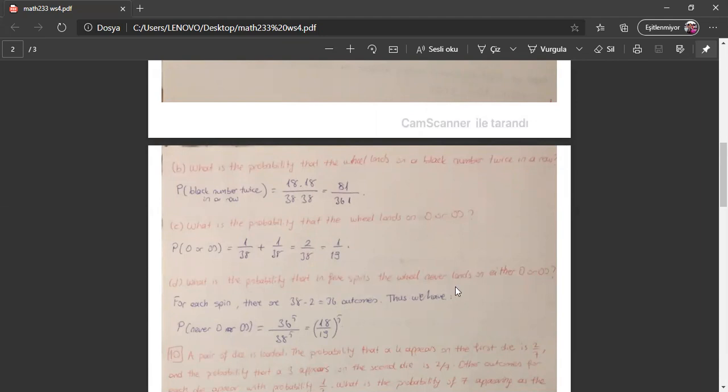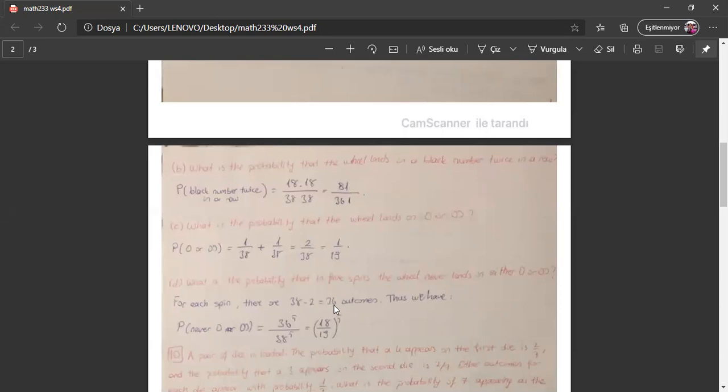Now we want that when we spin the wheel, neither 0 nor 00 comes. We have 38 outcomes in total, and we have these two that we don't want to see on the wheel.